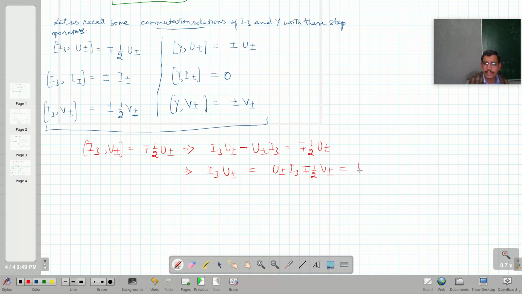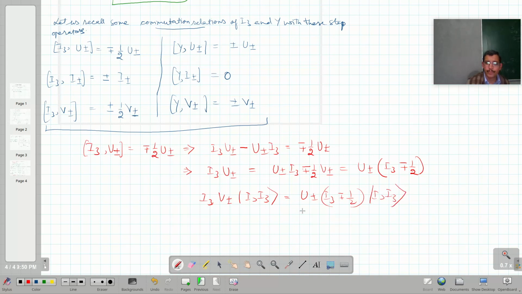So it can be written as U plus minus taken outside, so inside it is I3 minus plus 1 by 2, right? So operating now both sides with I3, it is U plus minus I3 minus plus 1 by 2, and it is I and I3.